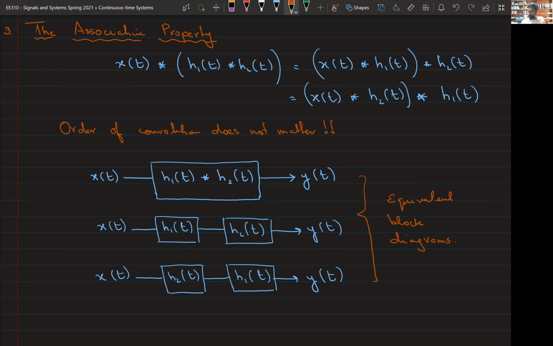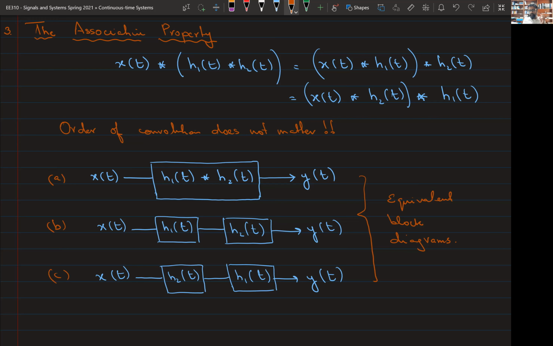Ji Hamza. Sir, is it possible that h1 of t convolved with h2 of t makes another h of t, and then we convolve with that? Excellent. So that's what the first line, figure number A, represents. Sir, that means the convolution will form another h of t, right?